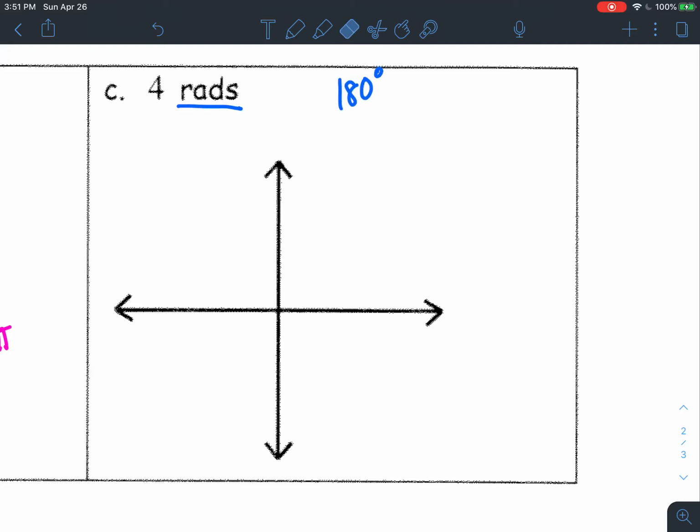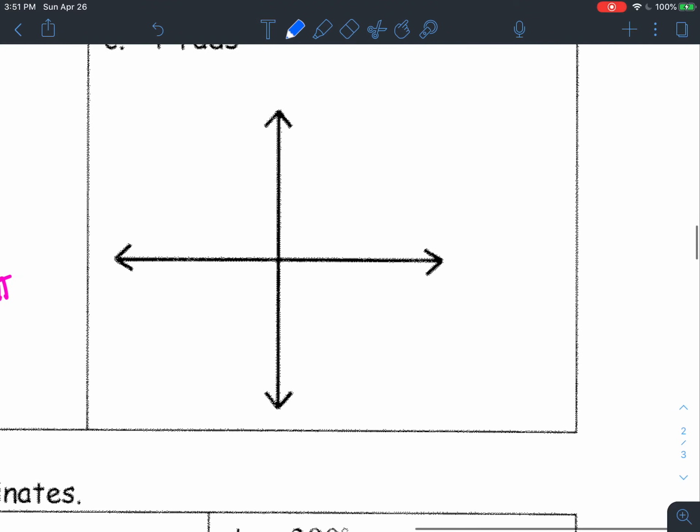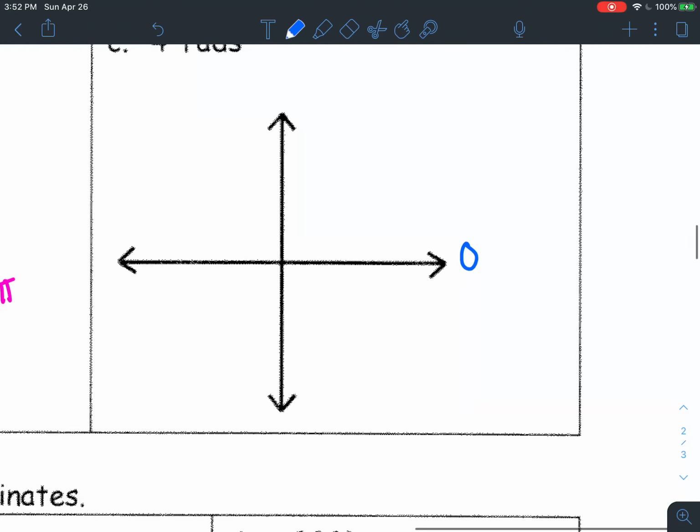Rad is just what we use for radians. The best way of explaining this is to take those same angle measures we had before, pi over 2, pi, 3 pi over 2, and 2 pi, and just convert them into decimals.